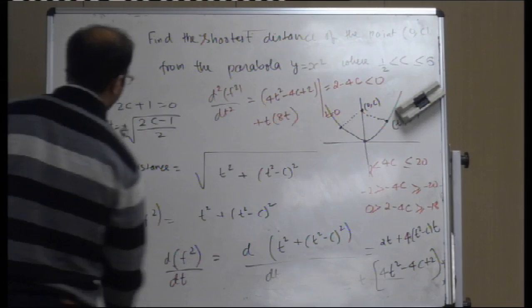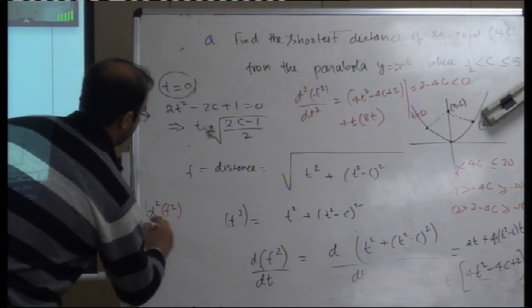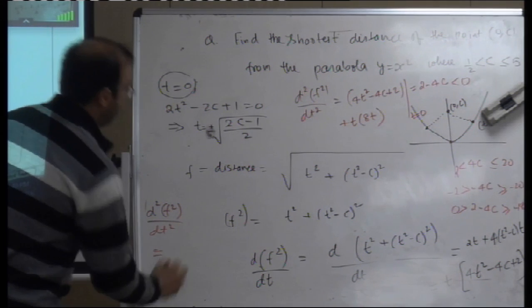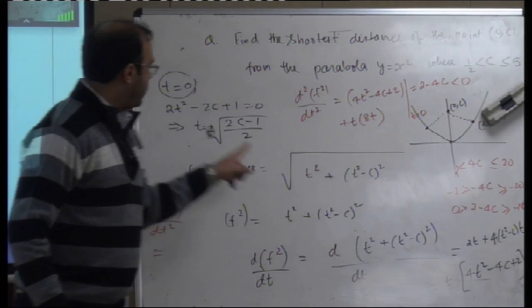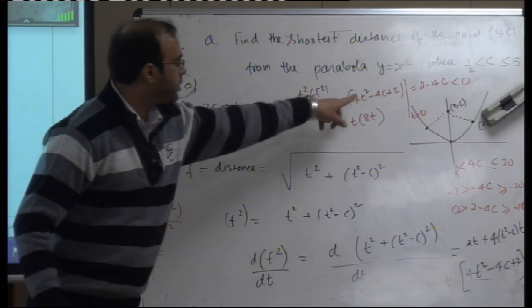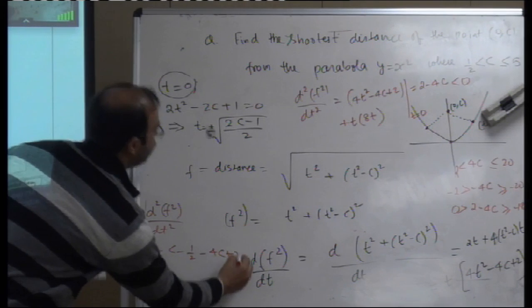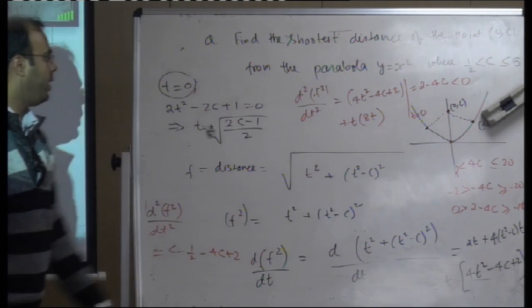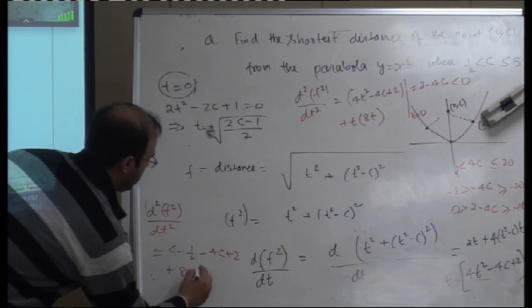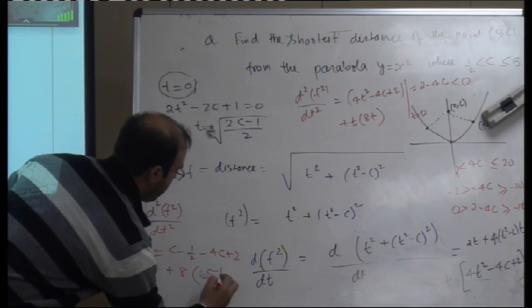Double derivative, put it there. So double derivative would become, t square means 2c minus 1 by 2, that is c minus half. C minus half, minus 4c plus 2, and then plus 8t square again. So that would become 8 times 2c minus 1 by 2, that is c minus half.